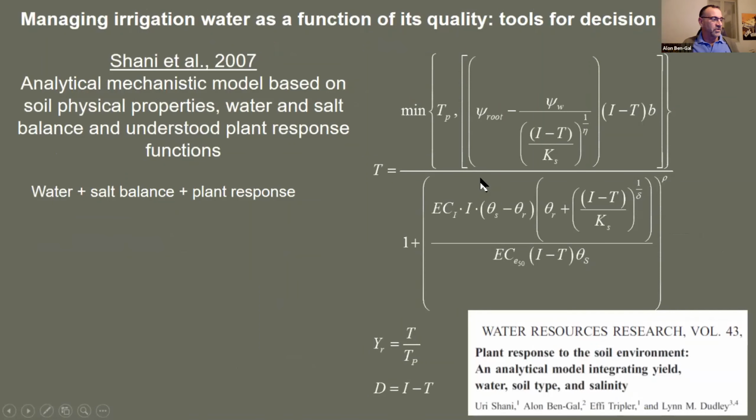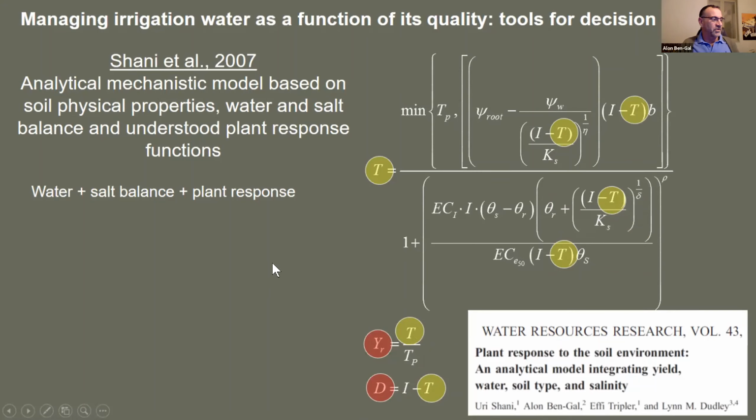I want to use the rest of my time to talk a little bit about tools for managing decision-making when quality is an issue. This is a model from Shani et al. that I was involved with developing, an analytical mechanistic model based on soil physical properties, water and salt balance, and plant response functions, to be able to explain the response of plants in terms of transpiration as a function of salinity.